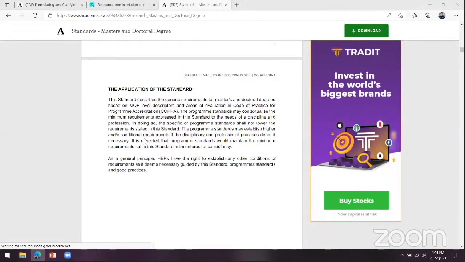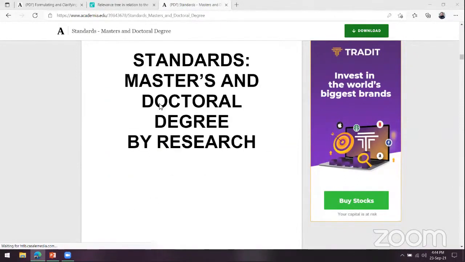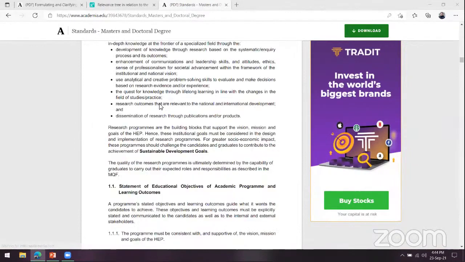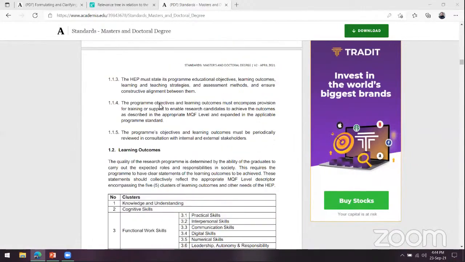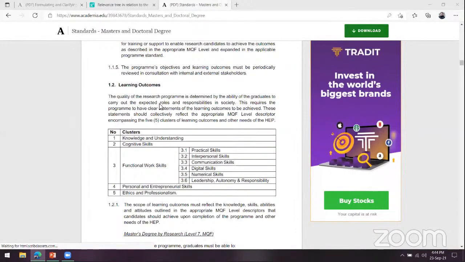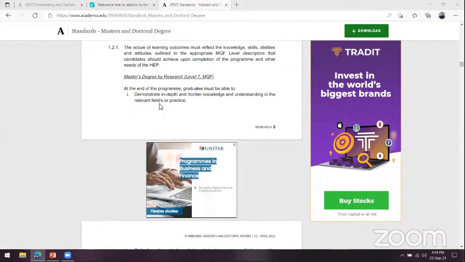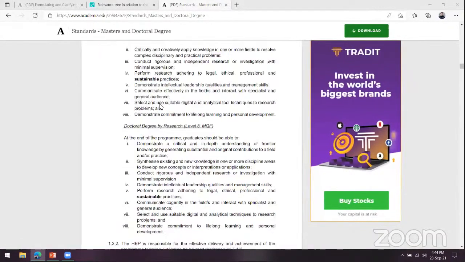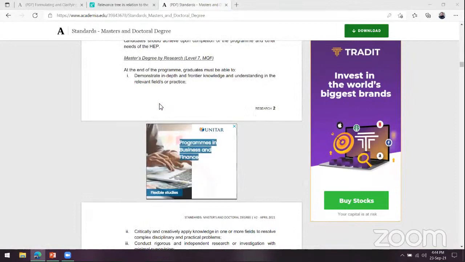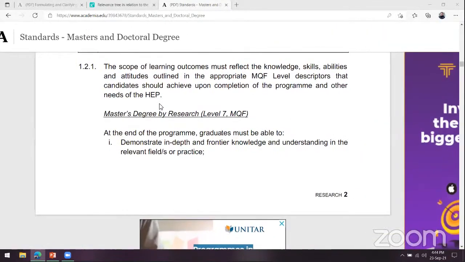Now, when you scroll down, you can see this is a very big document, and it is required for all students to comprehend the learning outcomes, the expectations they need to have for masters and PhD students. I would assume some of you are doing master by course or master by mixed mode, or fully master by research, might be.